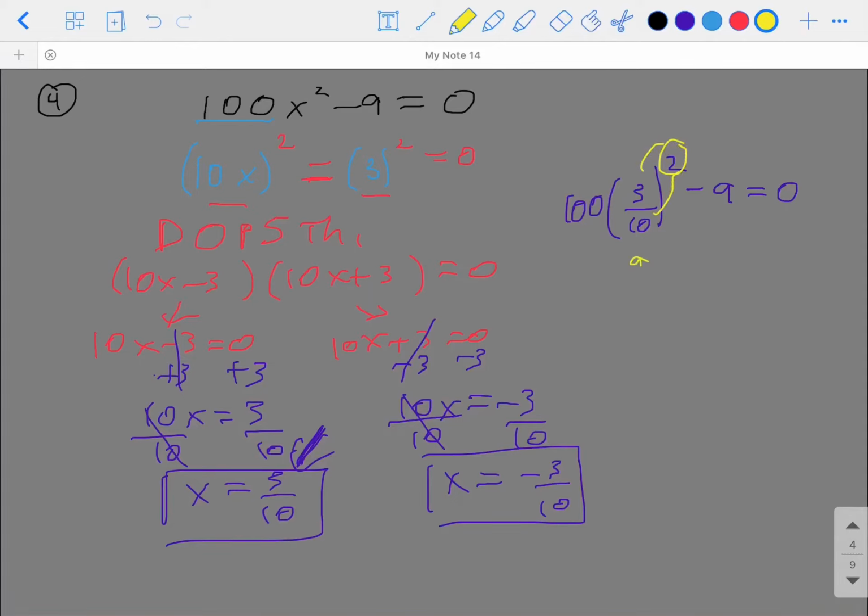This becomes 9 over 100 times 100 minus 9 is equal to 0. 100 over 100 cancels out, giving us 9 minus 9 is equal to 0. And that indeed gives us 0 is equal to 0. So you should feel confident that x equals 3 over 10 is your answer. And the same thing can be done with the other answer. You can validate your work just to make sure that your answers are indeed correct.